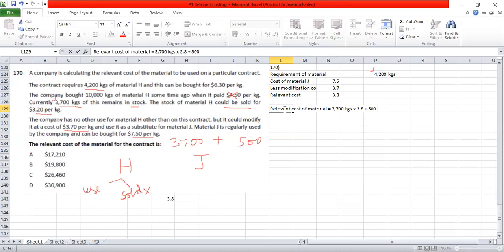So 6.3 is better, so it will be acquired at 6.3. Okay, first option 17,210.